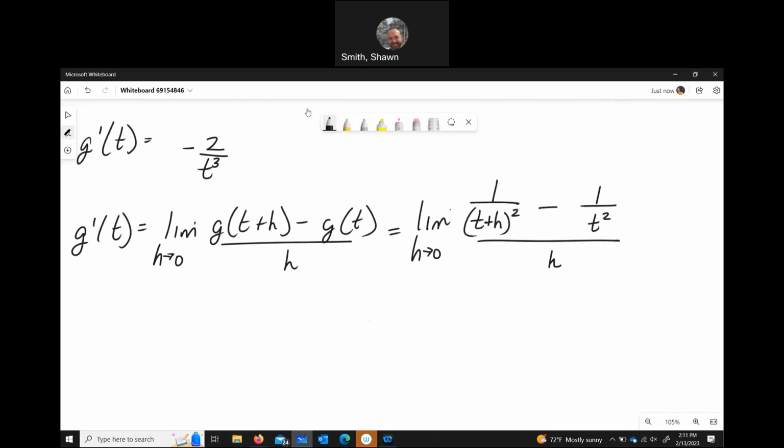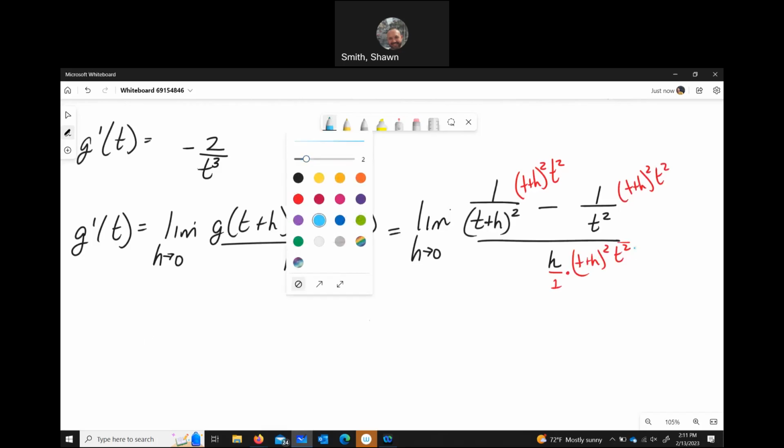So I see that if I multiply everything by the LCD, which would be this factor and this factor, right? It's everything. t plus h squared and t squared. Think about this, h is over 1, right? If you want to think of it that way. t plus h squared over t squared. So that you can see t plus h squares cancel there, t squares cancel there, and that's it.